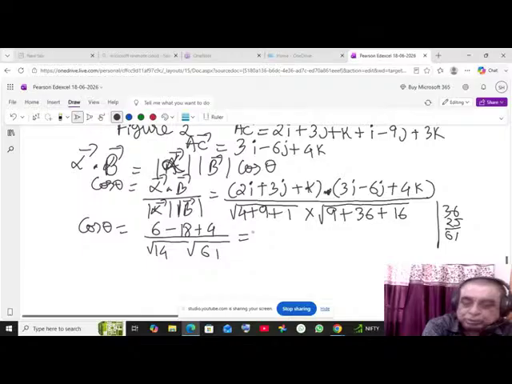Now simplify it. 6 plus 4 is 10, and 10 minus 18 is minus 8.